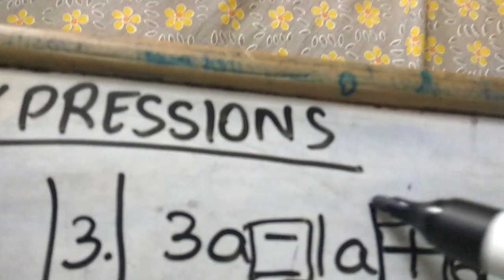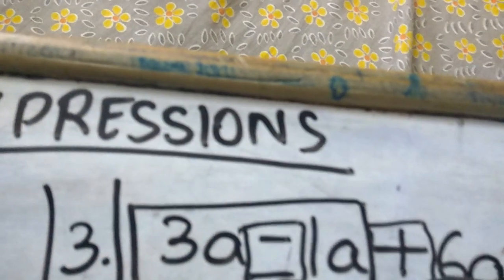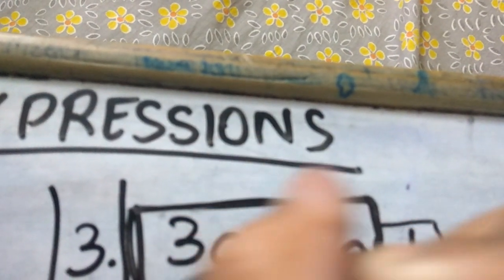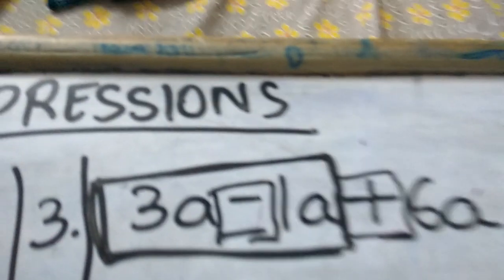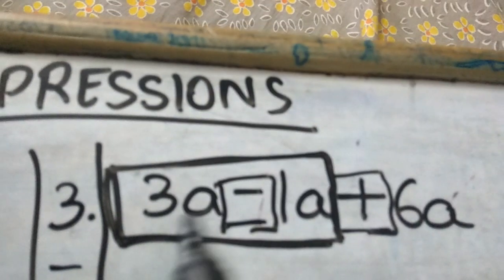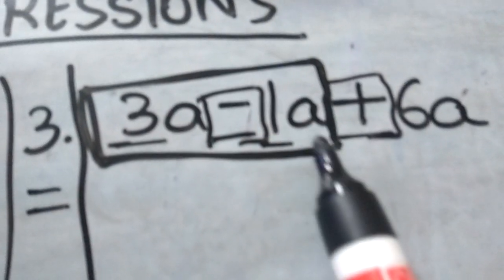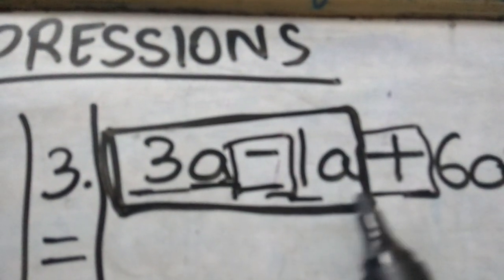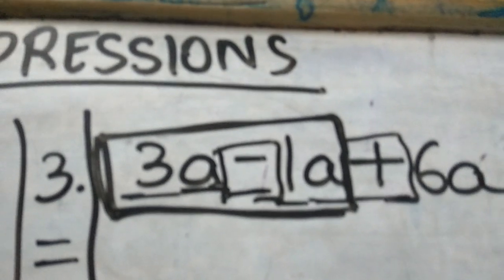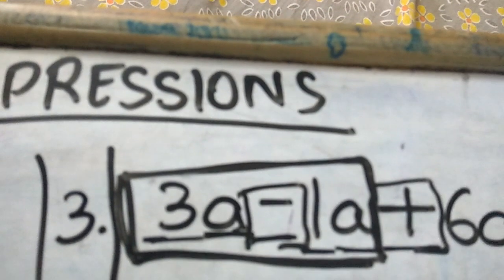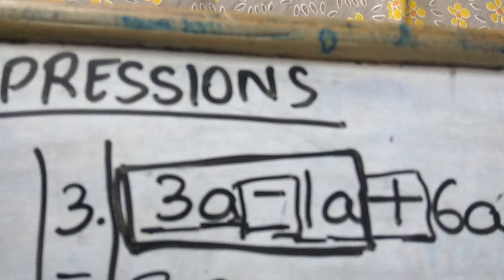To do it step by step, just consider the first two numbers of the sum. That is 3a minus 1a. Since we have the subtraction sign, we will only subtract the numbers. And since the variable, that's the letter, is the same, we will add that. So 3 minus 1 is 2 and the variable, 2a. We are done with this.